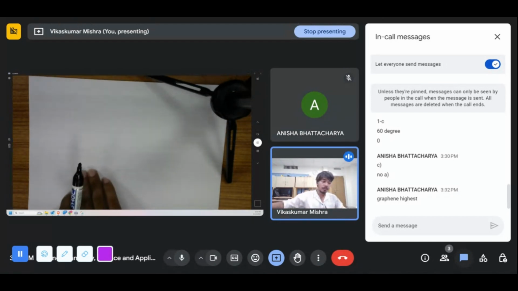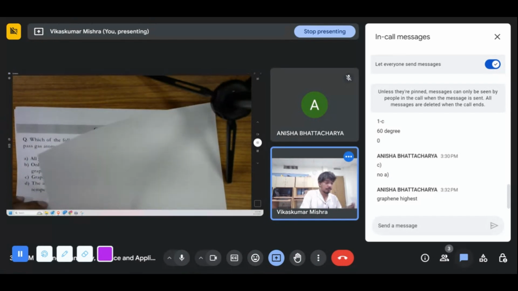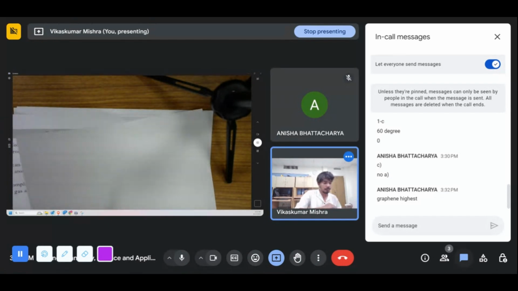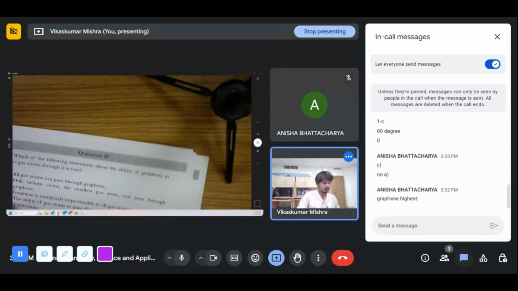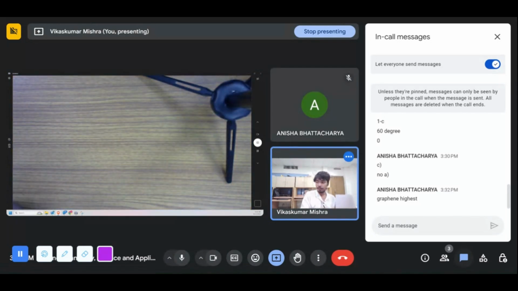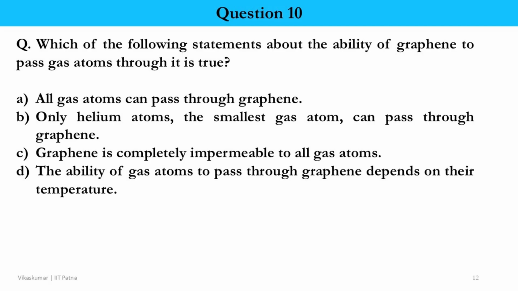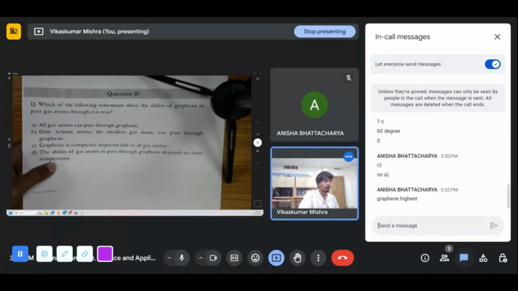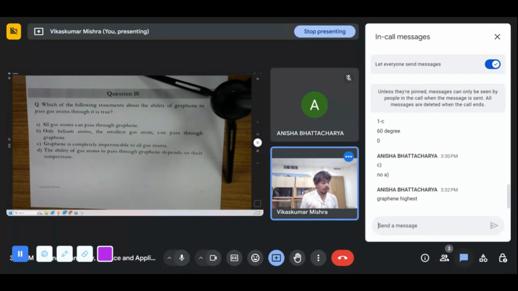Let's move toward question number 10. The question is telling which of the following statements about the ability of graphene to pass gas through it is true.